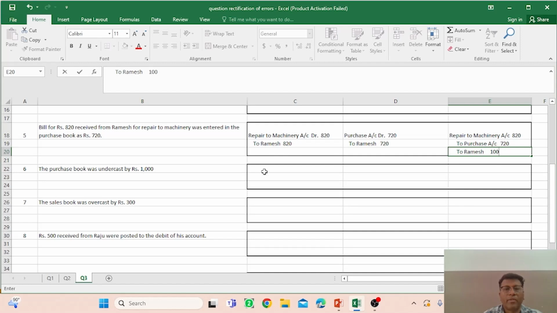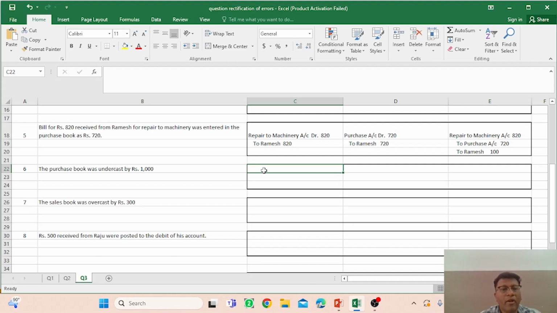And now we come to the next transaction, that is, the purchase book was undercast. As I told you, there are three methods. If any transaction is related to undercast or overcast, you have to assume that the trial balance was already prepared, and after that you locate a particular error in your books of accounting. So how will you correct it?